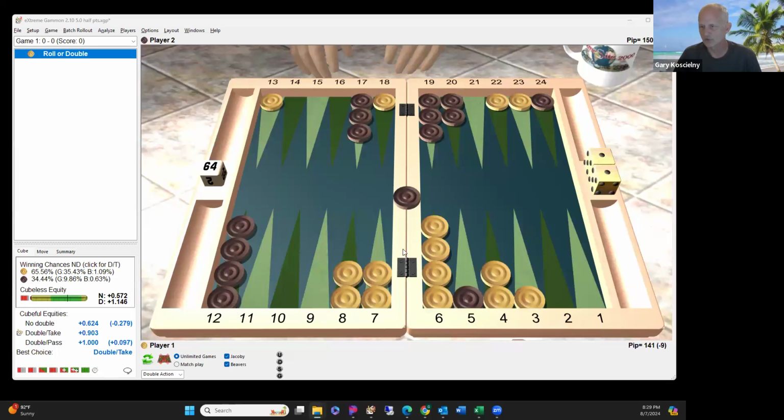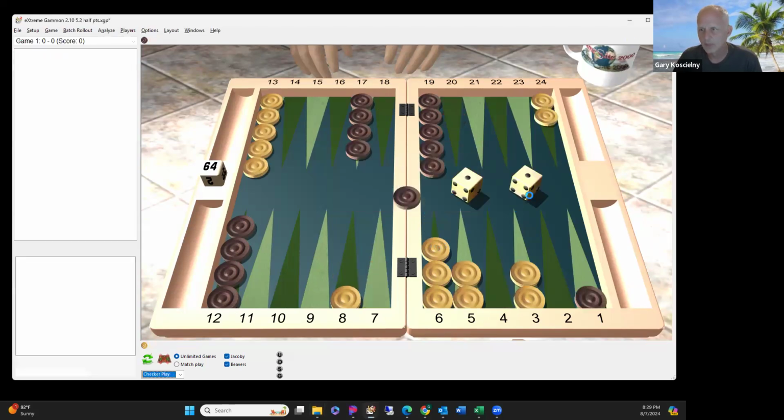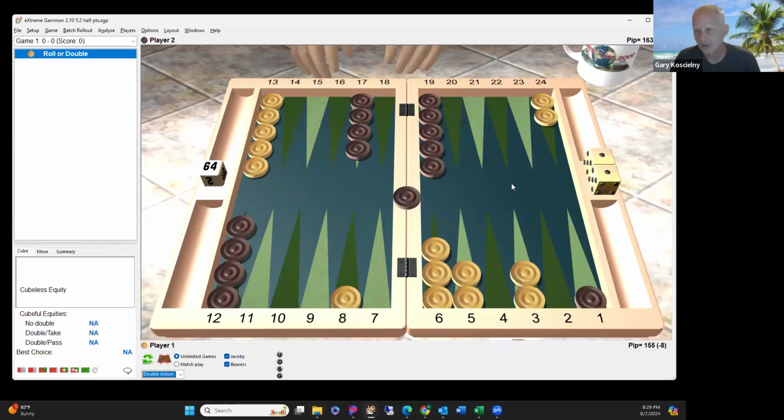Looking at the Olsen system gives you a different perspective on it, which I think helps. Okay, so this is a double and a take. Let's look at another system, another position.